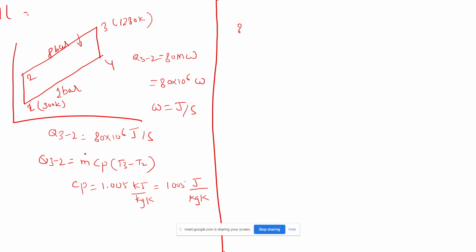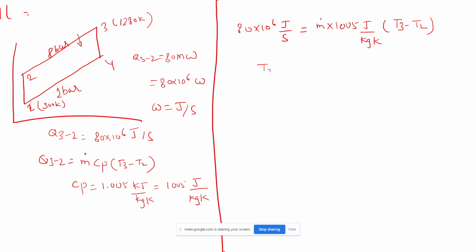So Q32 is 80 into 10 to power 6 joule per second is equals to m dot, which we have to calculate, Cp 1005 joule per kg Kelvin into temperature T3 minus T2.